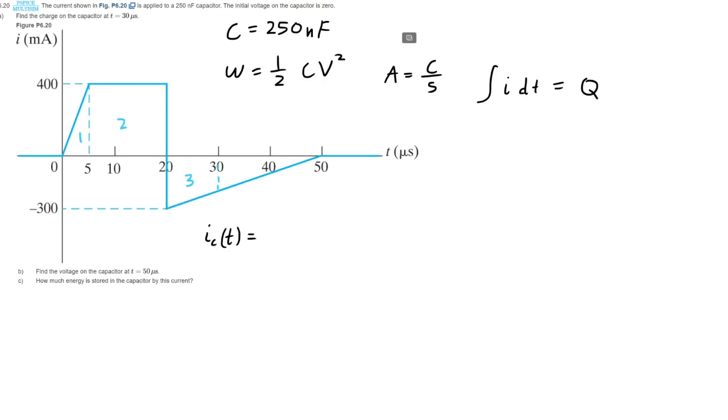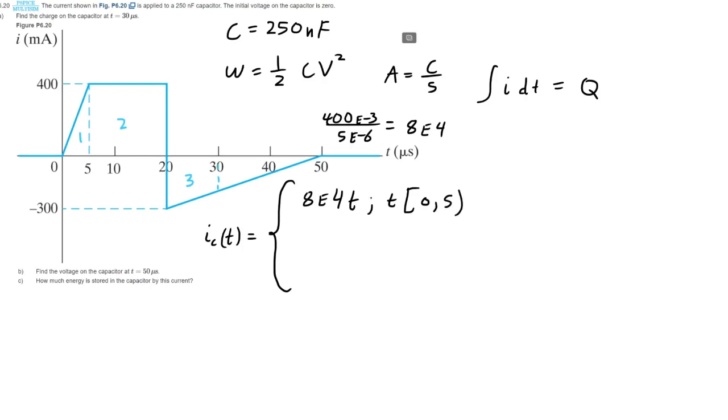So i_C(t) is rise over run here, 400 × 10^-3 divided by 5 × 10^-6. That's 80,000 t for time 0 to 5.